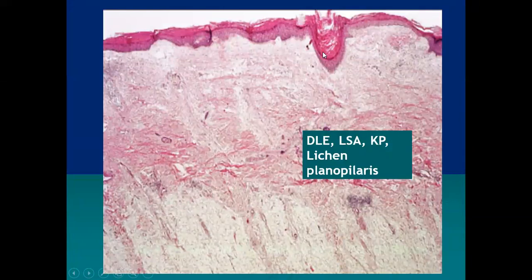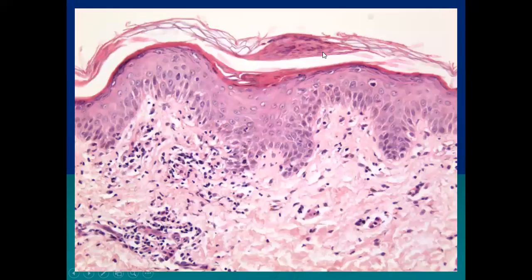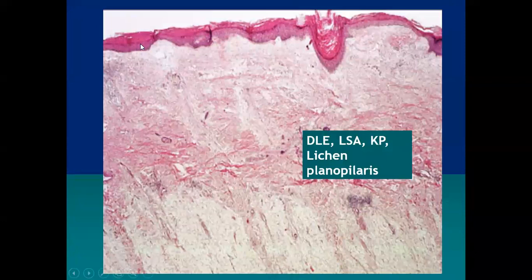Here you can see that there is follicular plugging. Plugging of the follicles means that there is a thick stratum corneum or thick plug of keratin, which is occupying the follicular opening.